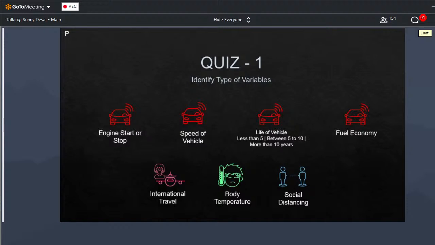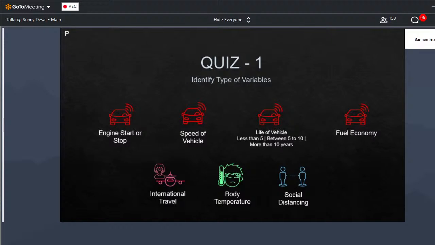Now the trick question. In a categorical variable, is it nominal or is it ordinal? This is important for us to understand. Let me repeat that ordinal variables have natural order. It means less than 5, 5 to 10, or more than 10. Does it have a natural order or not?